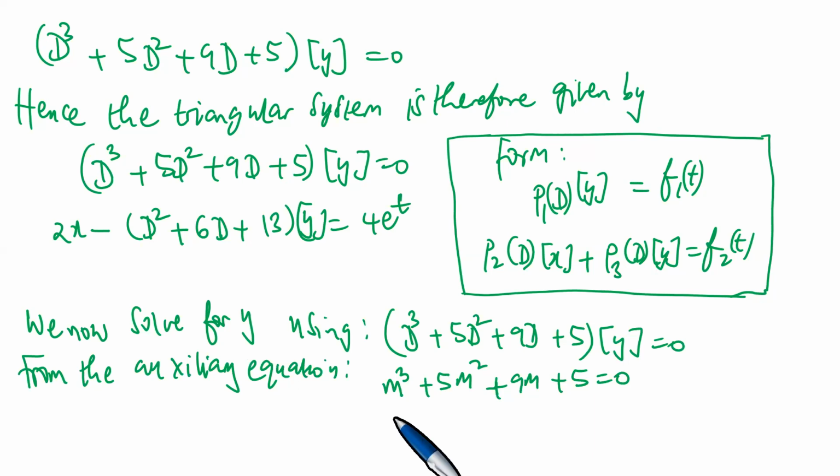Now this one you can factorize into m plus 1 using long division method or anything. Synthetic division, etc. High school methods, it is a cubic equation, if this is equal to 0.